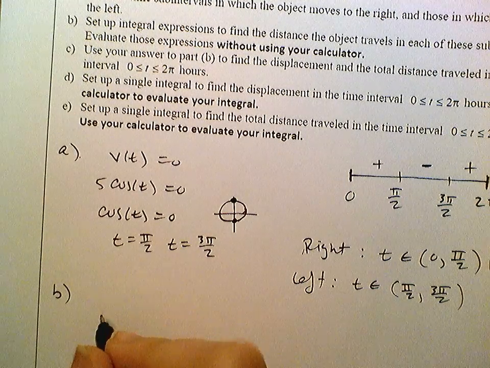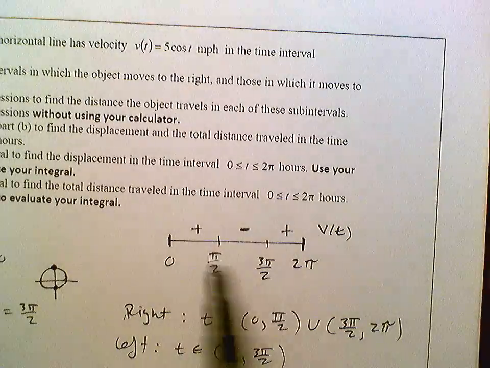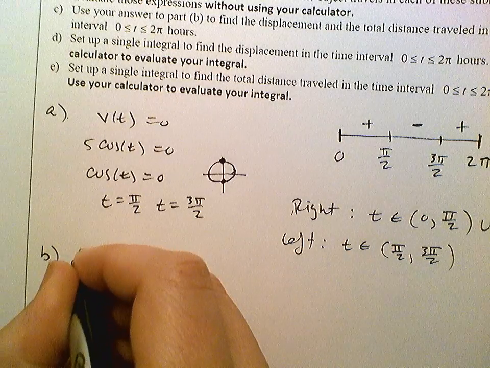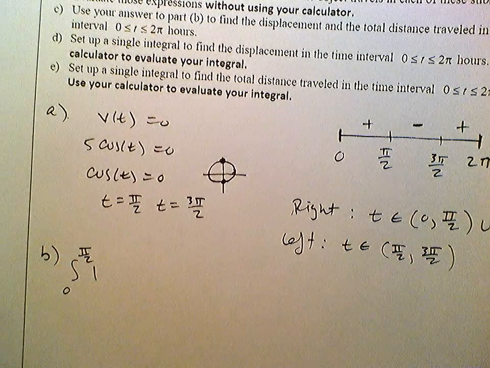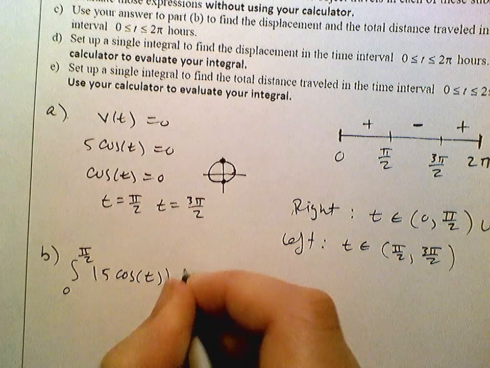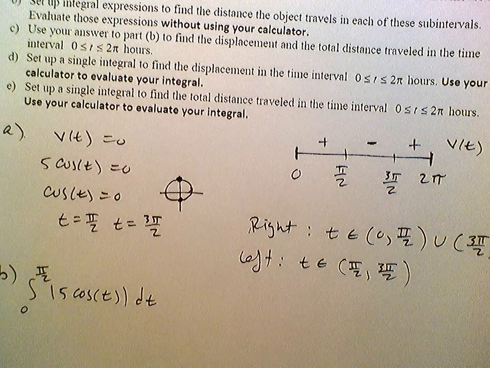So I've got 3 subintervals, and I want the total distance traveled on each of them. On this first one, it's going to be the integral from 0 to pi over 2 of the absolute value of 5 cosine of t dt.